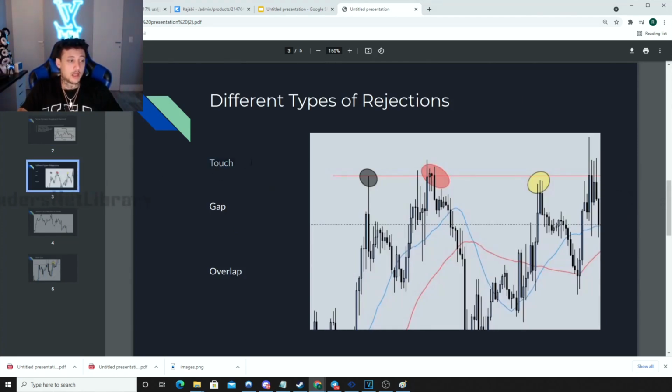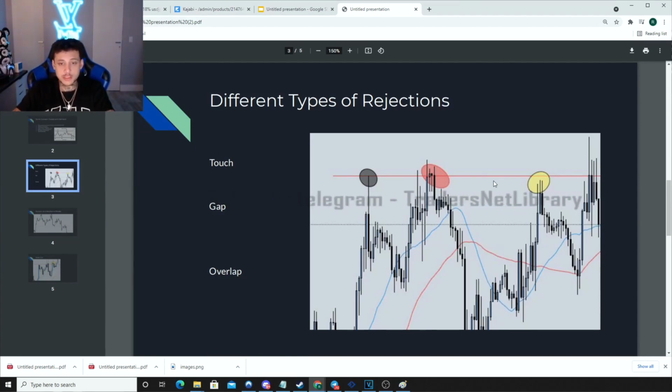So, like I said previously, you have your touch, you have your gap, and you have your overlap. The example here in black is going to be a touch, my apologies. The example in red is going to be an overlap, and the example in yellow is going to be a gap. So notice how I drew my line of support and resistance right here.